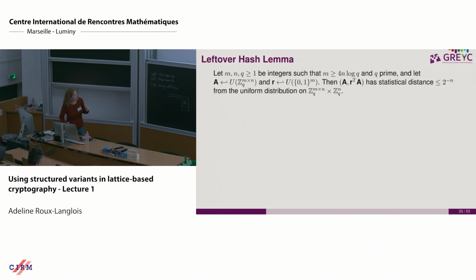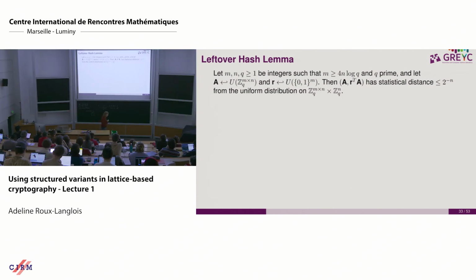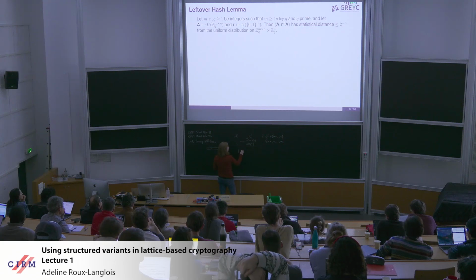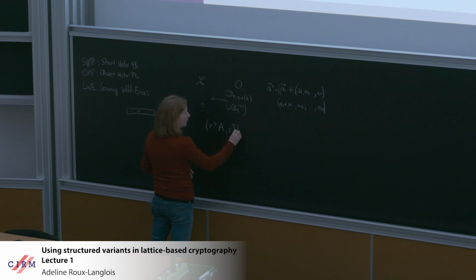Before I continue, I just have to explain this. What makes the Regev encryption scheme secure is the leftover hash lemma, which is very important here. As I said, the intuition behind the security of your encryption scheme is that your ciphertext looks uniform. And for your ciphertext to look uniform, I recall that the ciphertext is R times A, R times B, plus something.